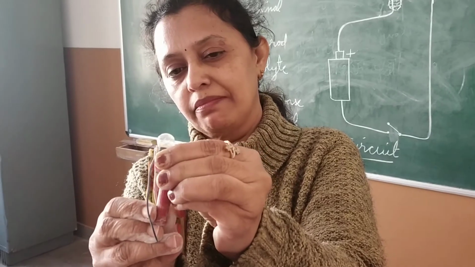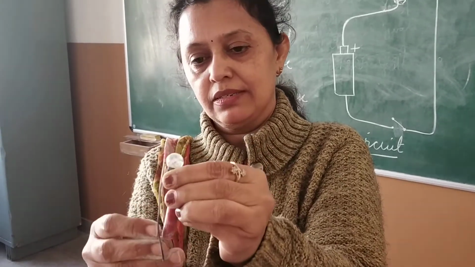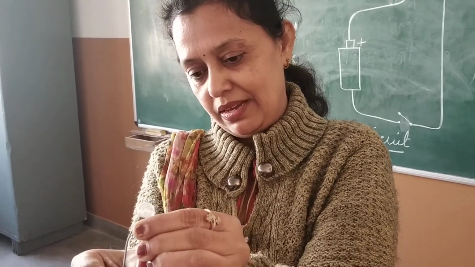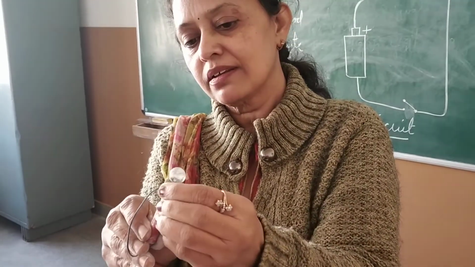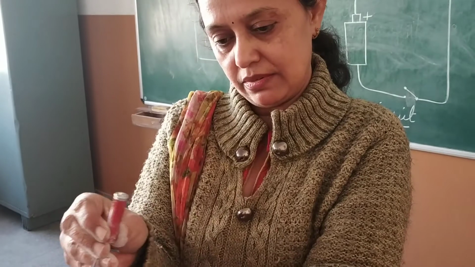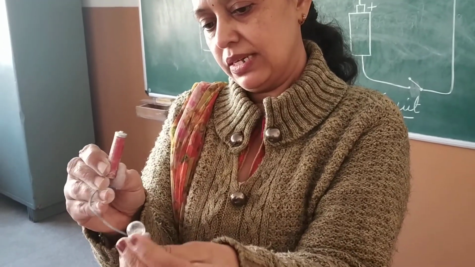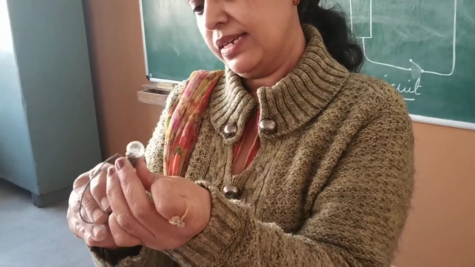It will start glowing. This is your homemade torch. Wait, okay, at one end the plastic covering was not removed, so I think it's not glowing, but yesterday it was glowing.